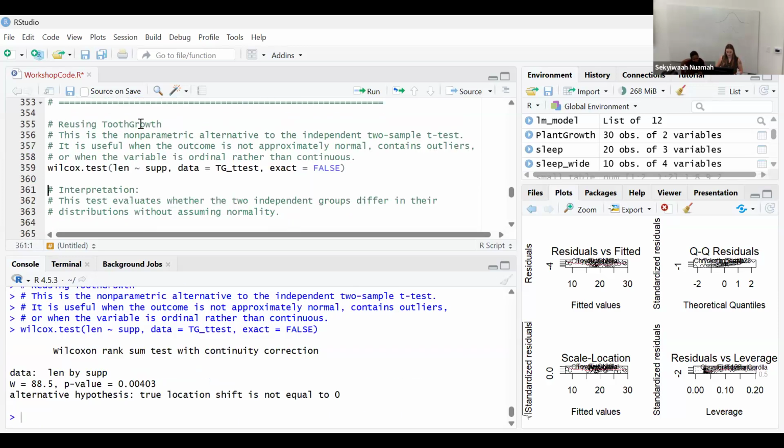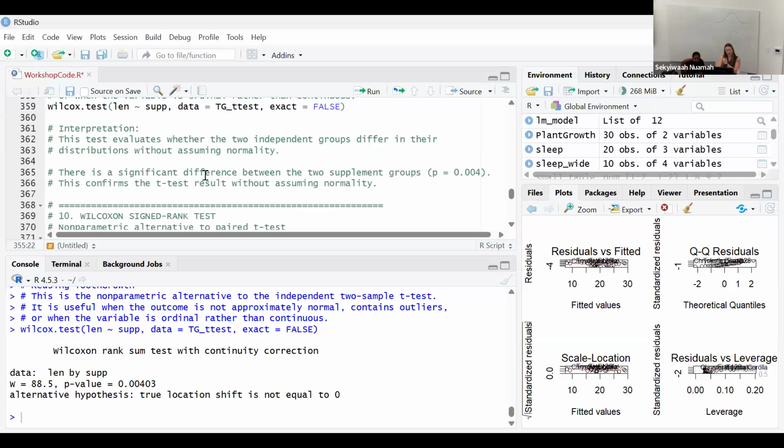Remember, we're reusing our tooth growth data that we had on the guinea pigs, and we've got a low p-value. This test is going to evaluate whether two independent groups differ in their distributions without assuming normality.